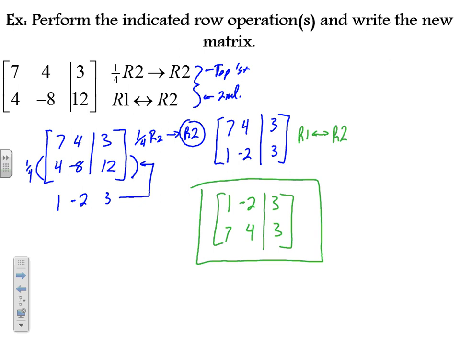So the final matrix after those two operations is what you see there in green. The matrix operations work on the same principle as the elimination method with systems of equations. Ultimately we want to take a square matrix that has 3 rows and 3 columns and eliminate the x and the y variables from equations 1 and 2, like we saw in that last example.